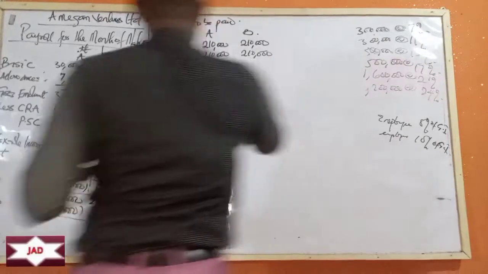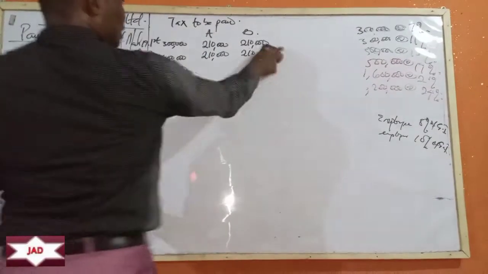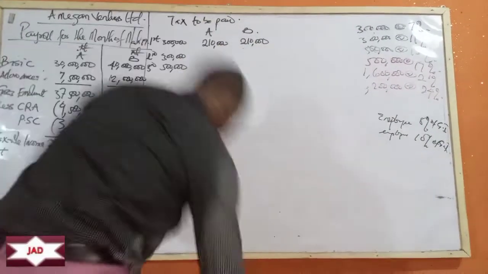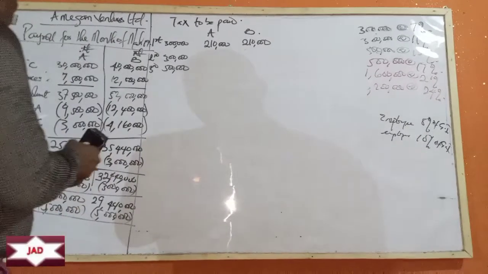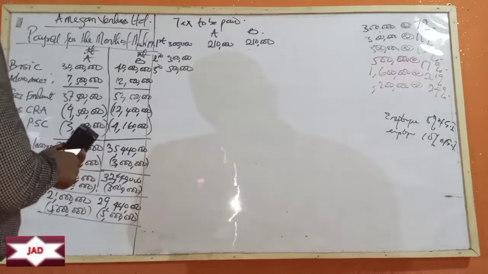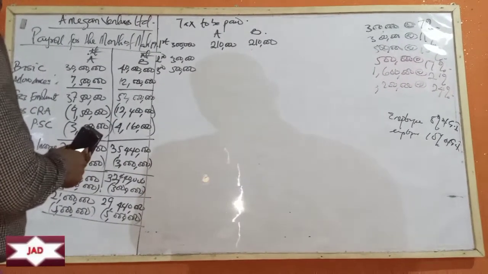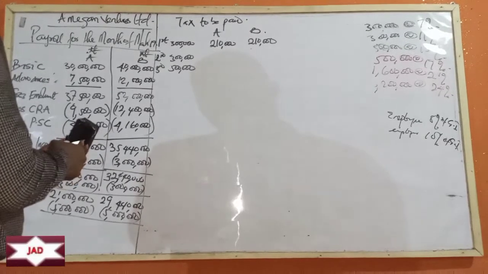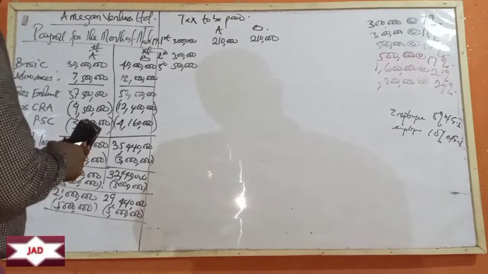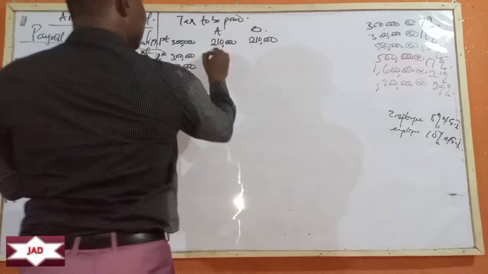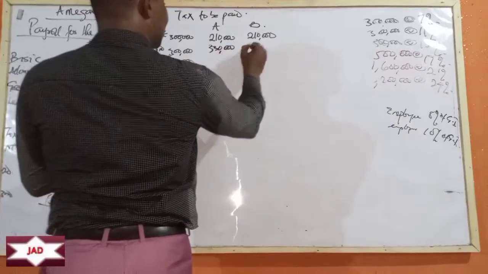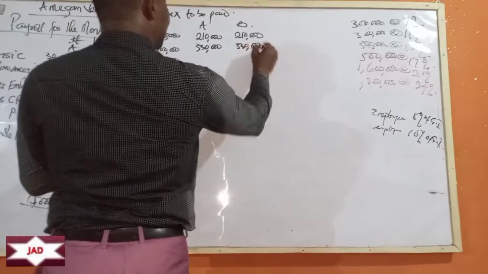Okay, so 11%. Excuse me, please. My bad. So it's 11% times 300,000, that's 33,000, then times 10 people, 330,000. Okay, sorry about that.